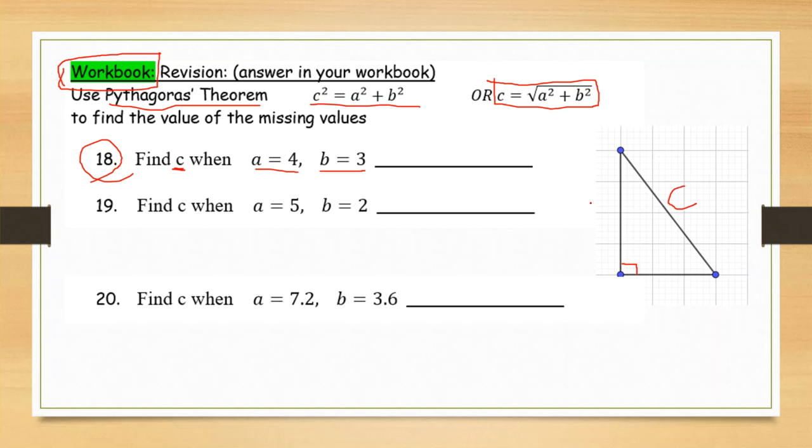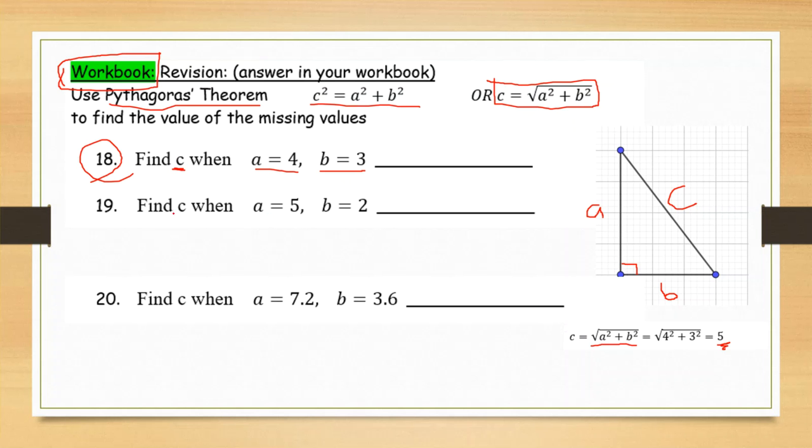So a equals 4, so this must be a, because there's 4 units. And this must be b, because there are 3. So using this version, we get the square root of 4 squared plus 3 squared equals 5. If you do the other version, you'll get exactly the same answer.